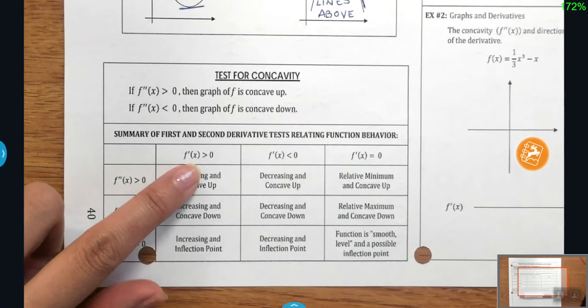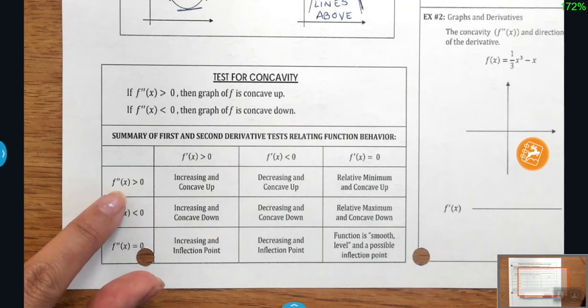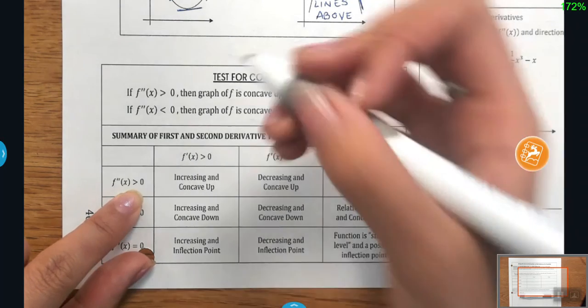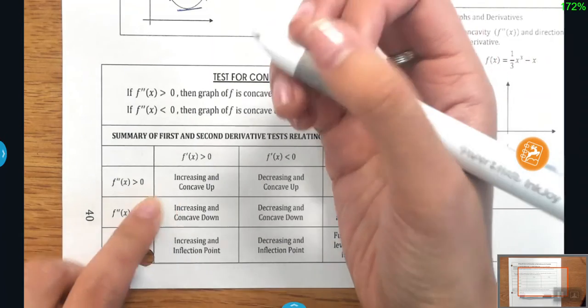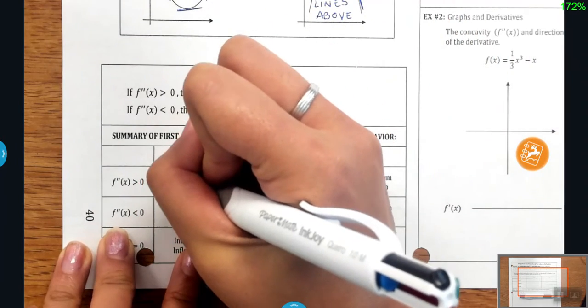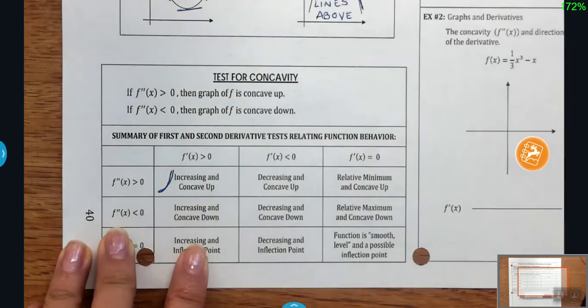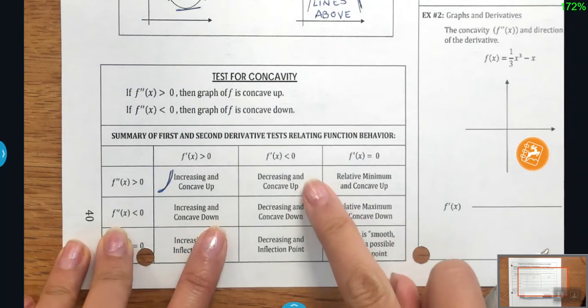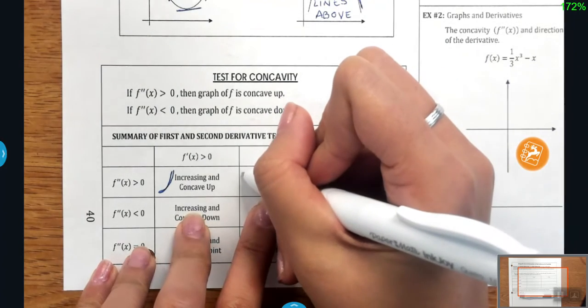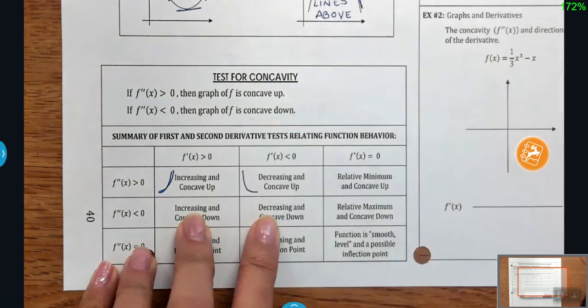Increasing, if the first derivative is greater than 0 and the second derivative is also greater than 0, then it's increasing and concave up. So the graph looks like that. And then decreasing and concave up would look like this.